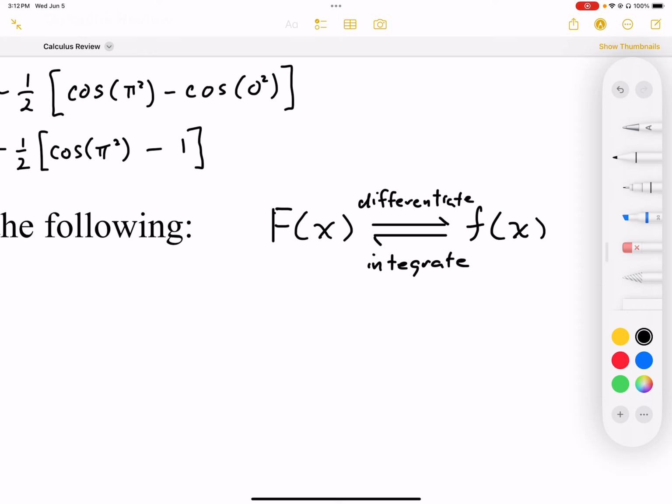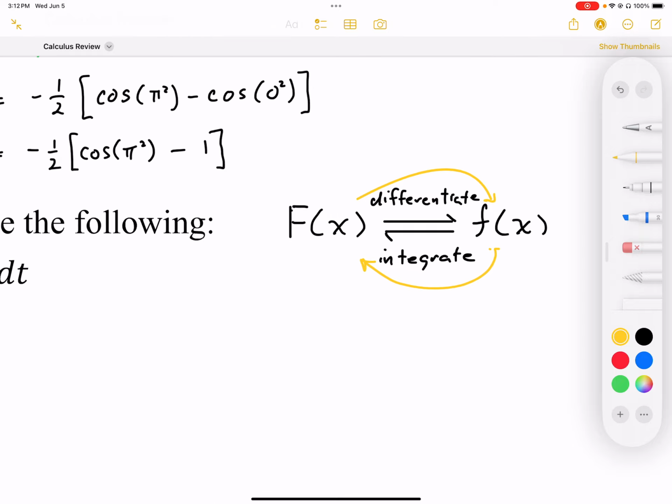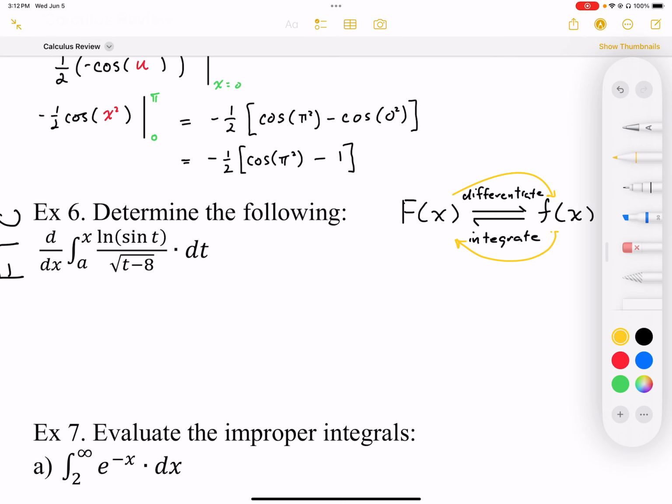If I go from right to left and integrate, I go from little f to big F. And I can go back and forth. In essence, I can differentiate and then integrate, and I'm going to get back to where I started. Okay, and vice versa. I can integrate, then differentiate, and I'm back to where I started.